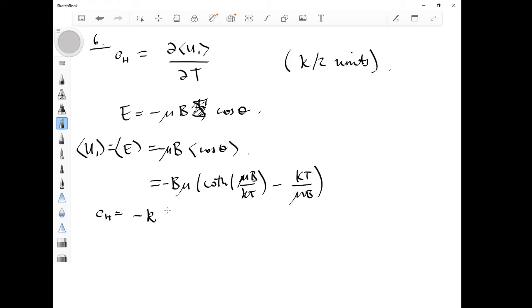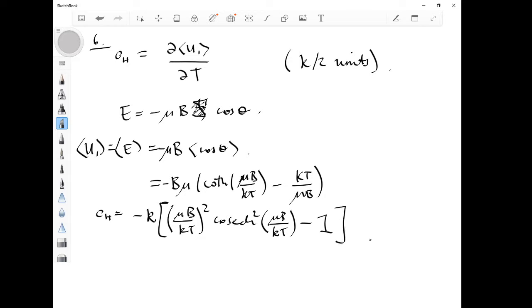K outside of mu B on KT squared cosec squared mu B on KT minus 1. So we have this here. That's just equal to sinh squared to the minus 1 of that as well.